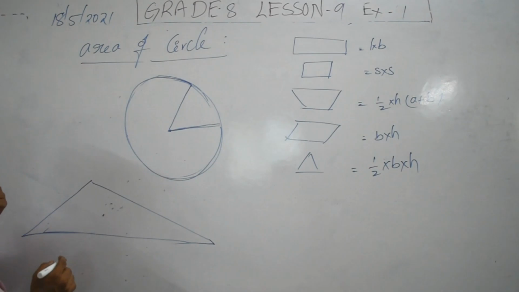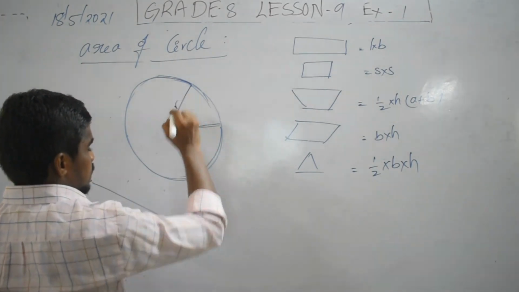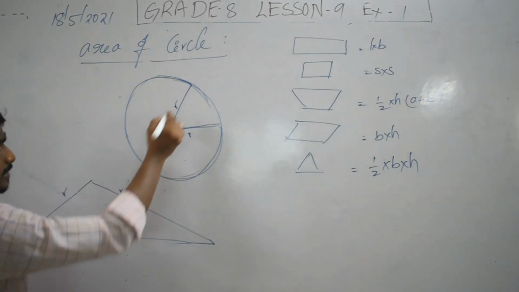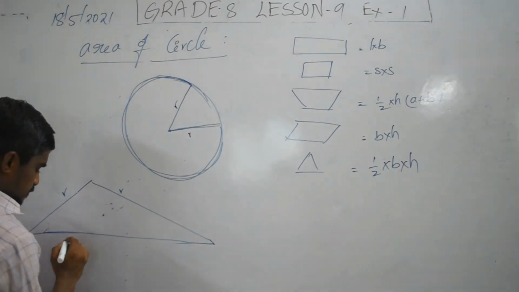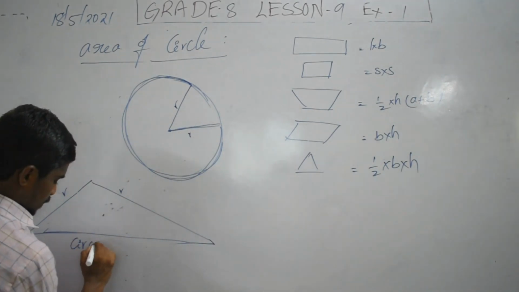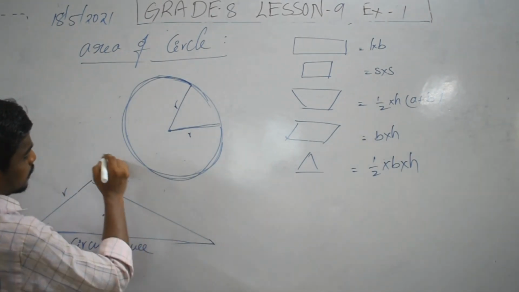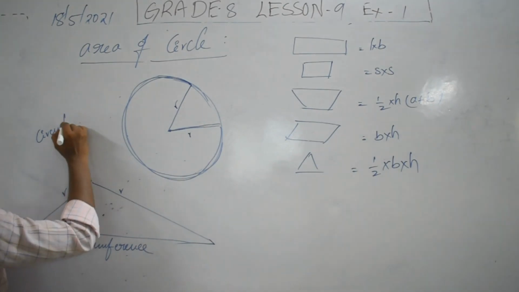Like this is a radius, this is a radius. These are all one circumference.